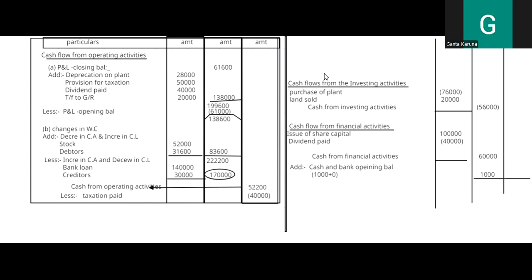Sorry, here I have to write the totals here. Let me go for correcting it. So here I have got the totals on this side. And here also I got a total the same way. It should be 60.